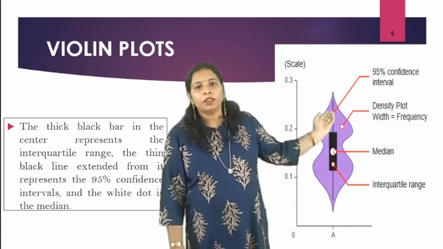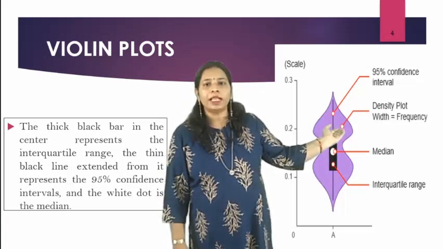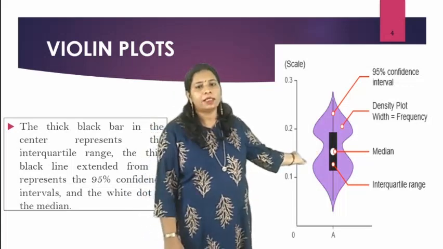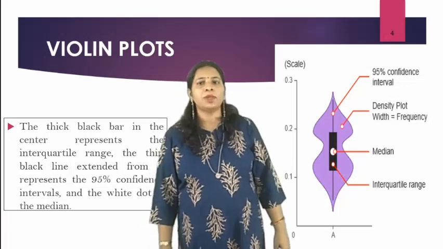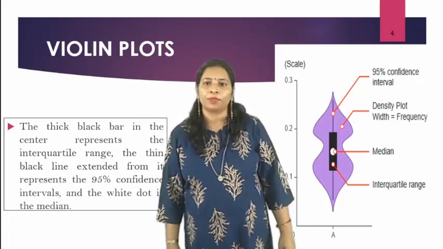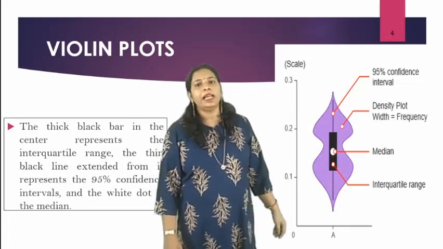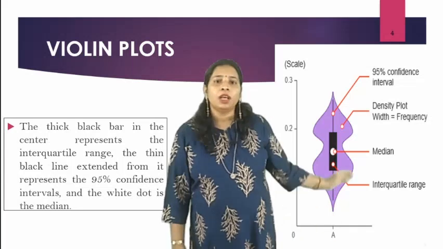The upper part of this black bar is quartile 3, that is Q3, and the lower part of this black bar is quartile 1, and the interquartile range is the difference, Q3 minus Q1. Now this black line represents the 95% confidence interval for your data set.